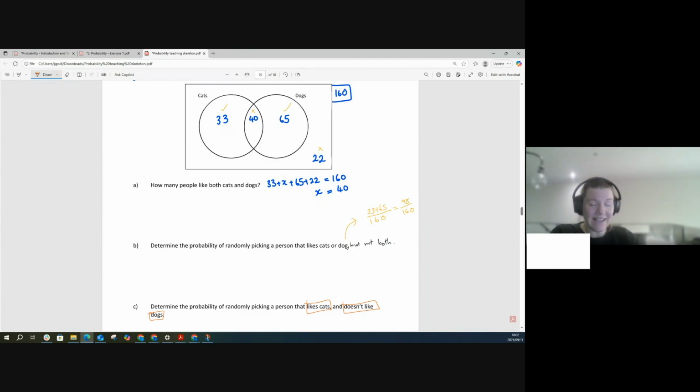So if they like cats, but they don't like dogs, let's have a look. These people, they like cats. These people, they like cats, but they also like dogs, and they can't like dogs, so we can't include them. These people like dogs, so we can't include them. And these people don't like cats, so we can't include them. So the only people we can include are 33 people out of 160.